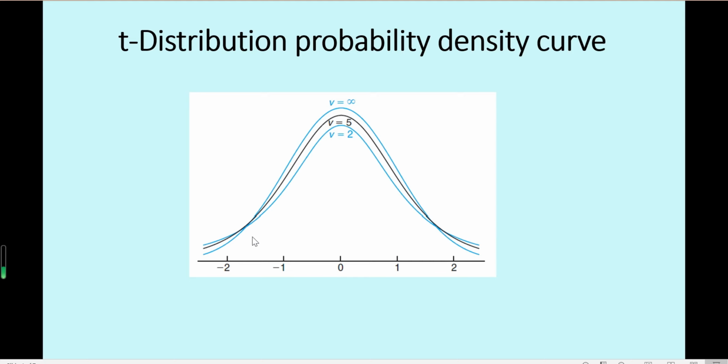You can see that if the degrees of freedom becomes very large, then the t-distribution is the same as a normal distribution. So this is the largest degrees of freedom. Usually the t-distribution has a longer, wider tail than the normal distribution.